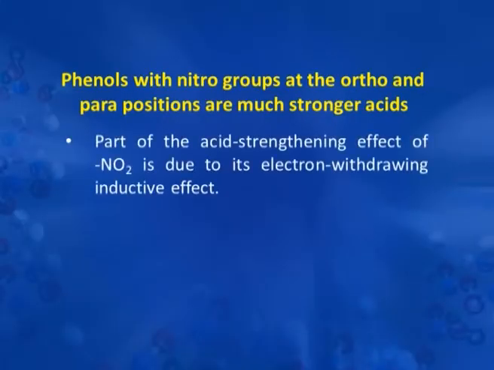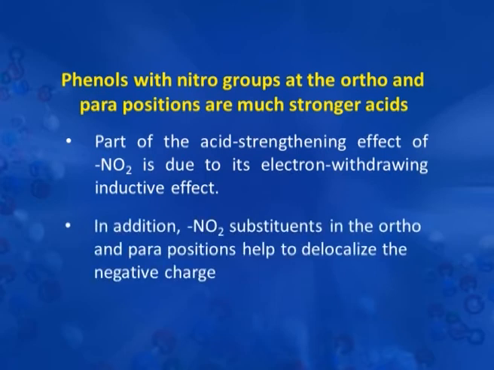First, part of the acid strengthening effect of the nitro group is due to the electron withdrawing nature of the nitro group. In addition to that, when the nitro group is present at the ortho and para positions, delocalization of the negative charge onto the nitro group also takes place, which helps in the stabilization of this phenoxide ion, which in turn increases the acidic character of nitrophenol.